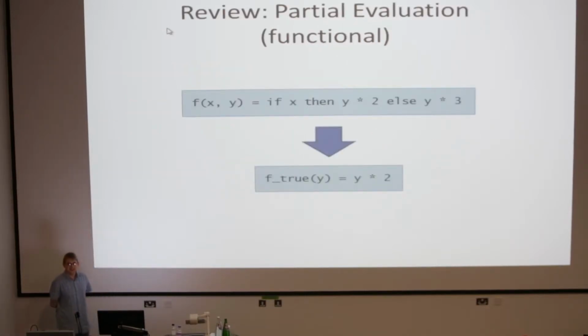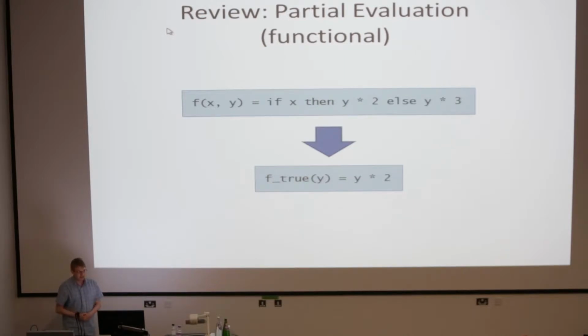Okay, so let's start with the brief PE review. Anybody that is a partial evaluation expert, take a 3-minute nap starting now. Okay. So the first attempts at partial evaluation were all about functional languages. They were typically expressed against Lisp or Scheme, one of the languages of that ilk.